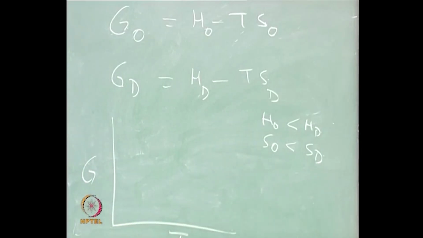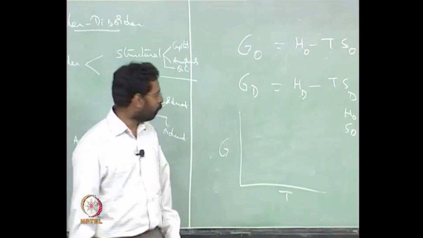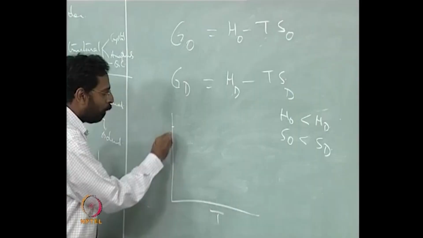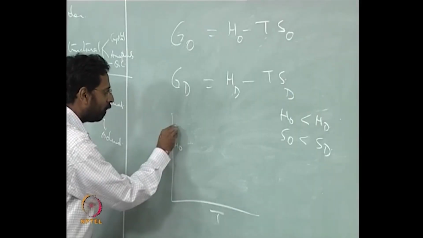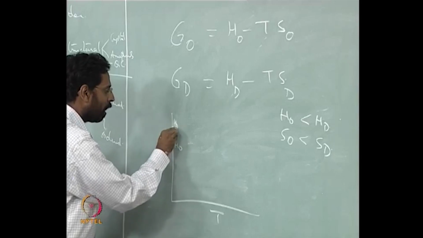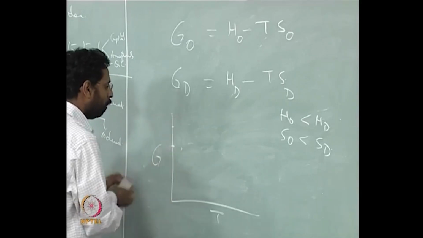Once I know these two, I can actually talk about how the G versus T changes. You would see two values of H here, H of the ordered will be lower, H of the disordered will be higher. I will put it on this side to solve the problem.